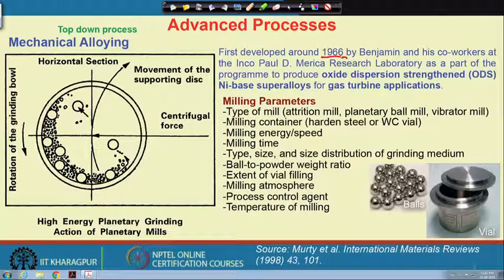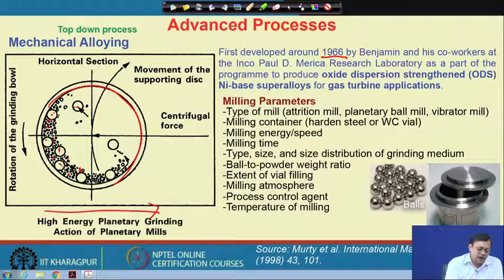In that case, people think about introducing very high energy using some planetary motion. Here you see a vial where we place the initial powders and the media, some very hard spheres of stainless steel, hardened steel or tungsten carbide, and the vials rotate along this direction.